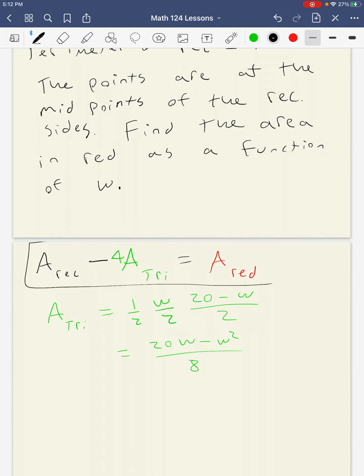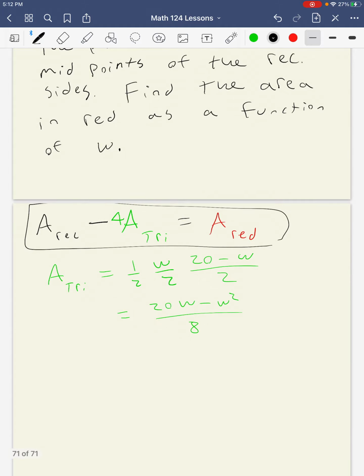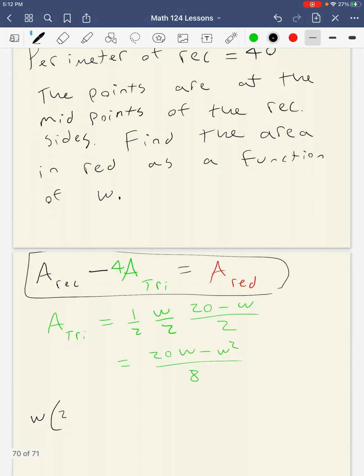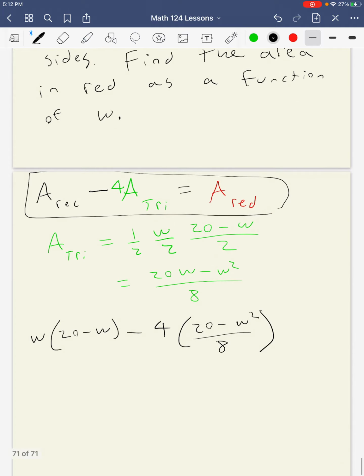Okay, so now plugging into this idea, the area of the rectangle was the width times the height. What was the height? 20 minus W. And we minus out 4 of the triangle areas. Okay, that will give us the area in red.